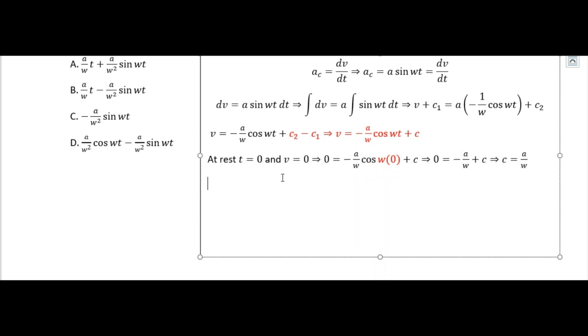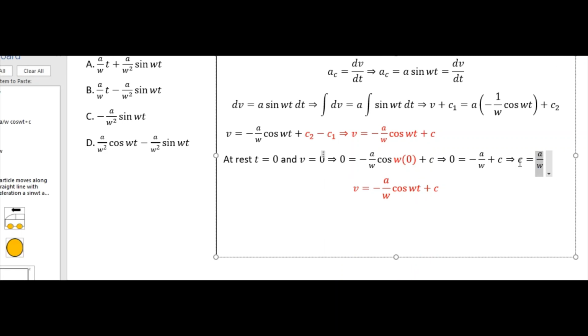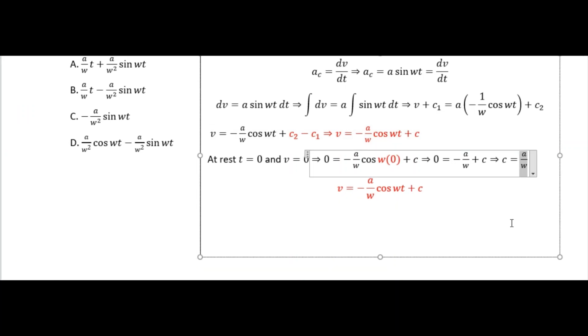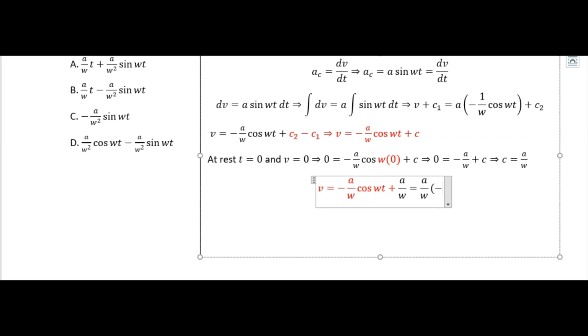So my v will be equal to, in the place of c, its equivalent, a divided by omega. Okay, I've replaced it. Now I can factor out the a divided by omega, and I'll be left with negative the cosine of omega t plus 1. This is what I have.